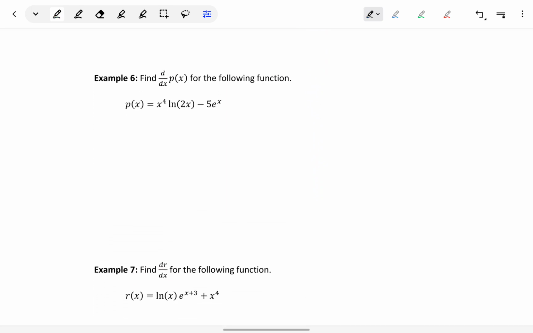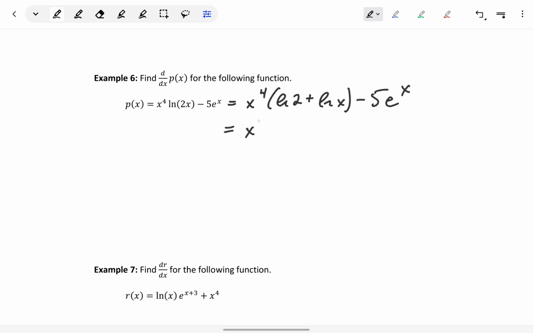In example 6, we can rewrite this first term as x to the 4th times the natural log of 2 plus the natural log of x using properties of logarithms minus 5 e to the x.